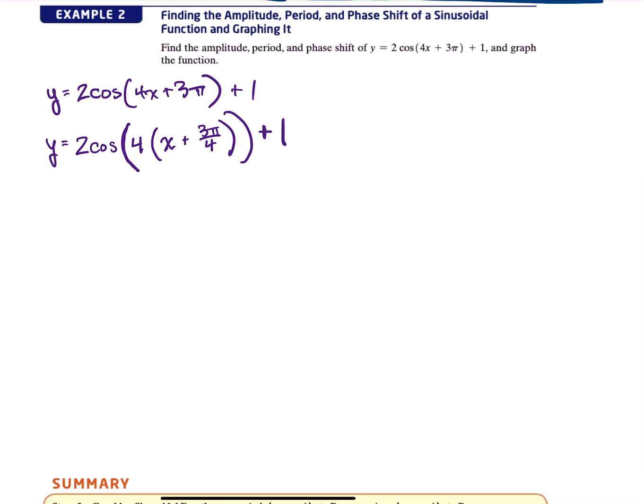Okay, so let's write out what has happened to this graph. The original graph is the cosine. And let's see, the amplitude is 2. We have our 2 out in front.